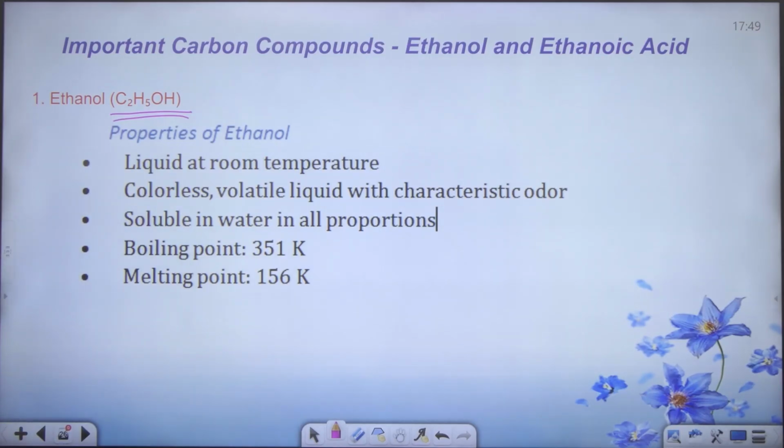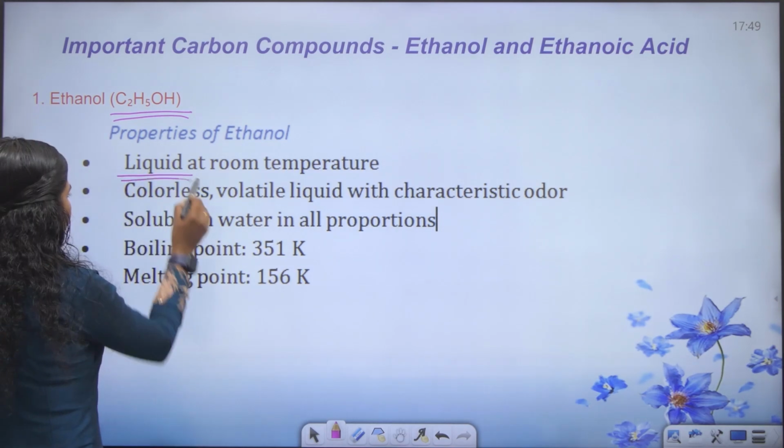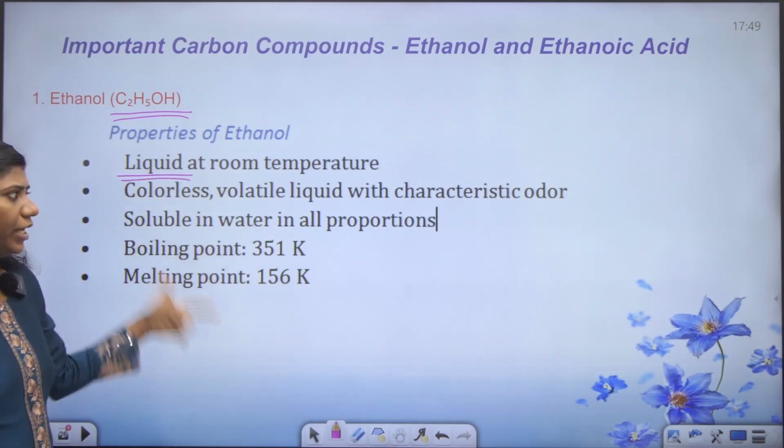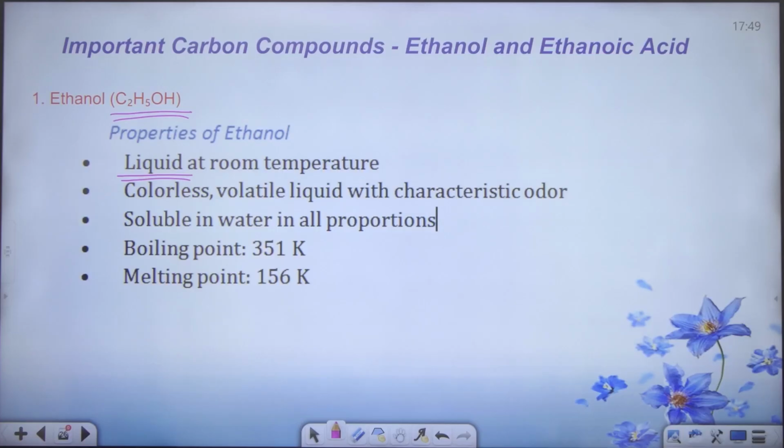And the properties of ethanol. It is liquid at room temperature. Ethanol is a colorless, volatile liquid with a characteristic odor.